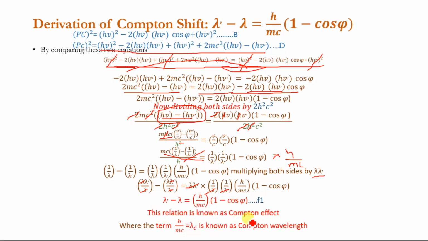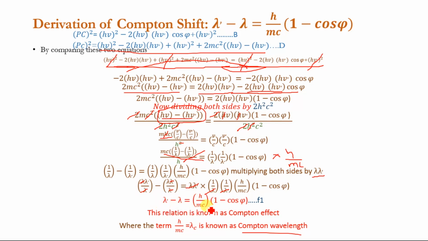This relation is known as the Compton effect, where the term h/mc is equal to λc. We name this the Compton wavelength. This is a constant, and with this cos φ, the λ′ − λ depends on the value of φ. When φ is equal to 0, this equation becomes λ′ − λ is equal to h/mc.